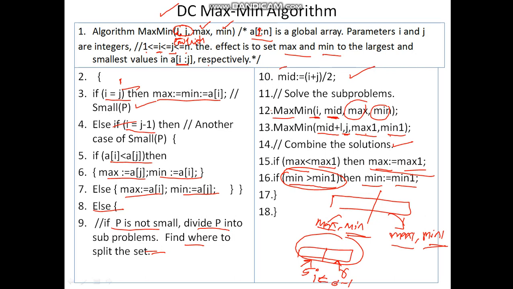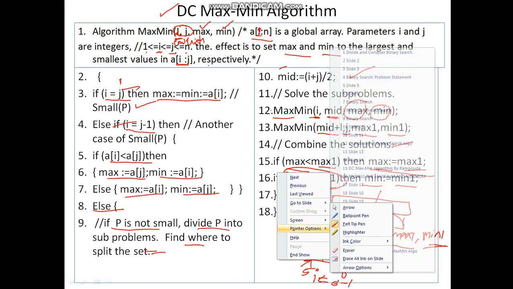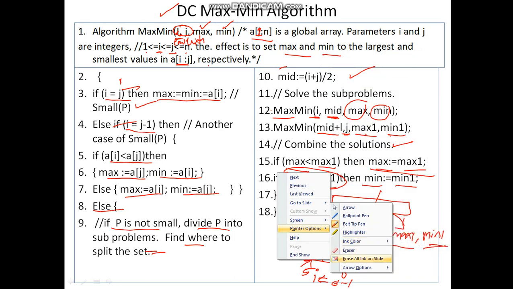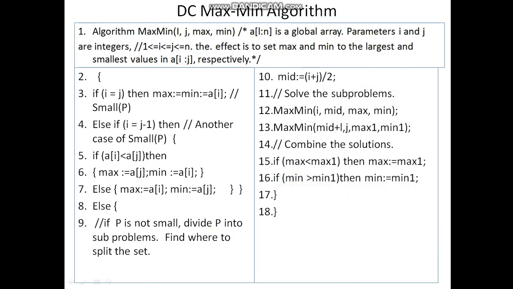Now if we try to analyze this algorithm for its time complexity, I just want to compare how many comparisons are required. Over here, 0 comparisons are required. Over here, one comparison is required. Over here, 2 comparisons are required.